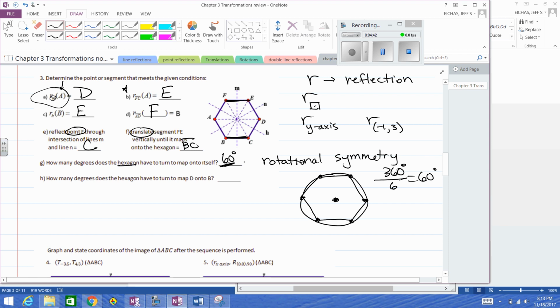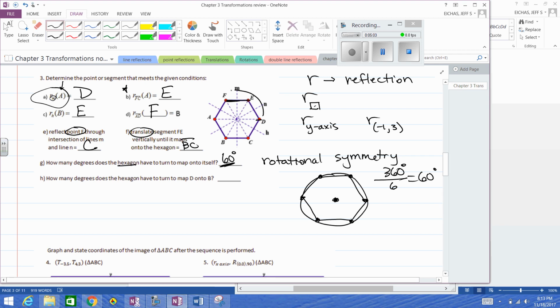How many degrees does a hexagon have to turn to map D onto B? To me, it looks like there's one 60-degree turn there, right? And then there's another, oh, that's backwards. Uh-oh. Okay. So I think I missed this the first time I did it. Technically, what direction do we have to go?